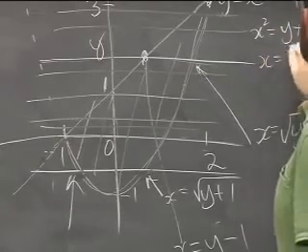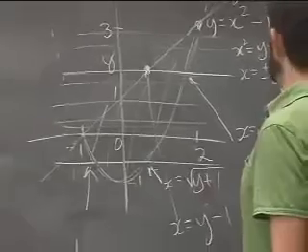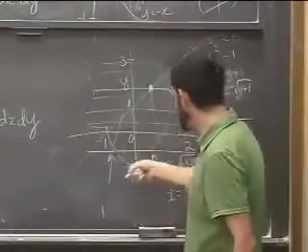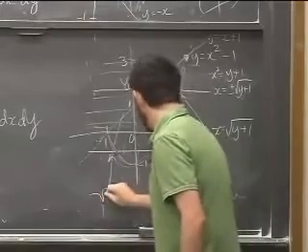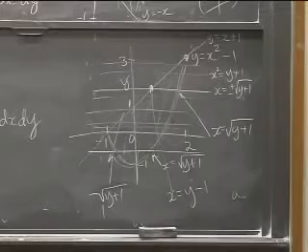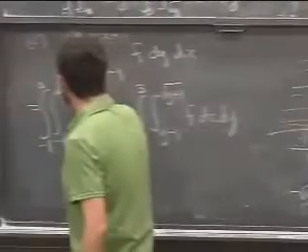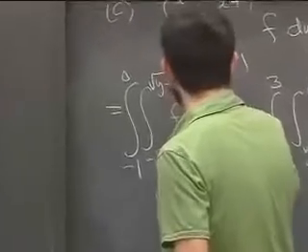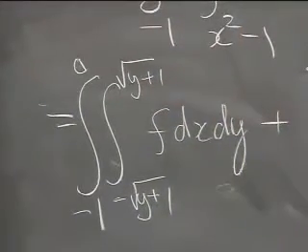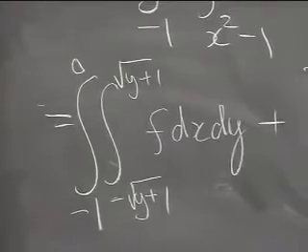We've got to take the plus or minus square root and realize that this branch over here is the plus, but this branch, which we need now, is the minus root y plus 1. So this is going to be negative root y plus 1, which is what we hit first, up to root y plus 1. Okay? Any questions about that example?